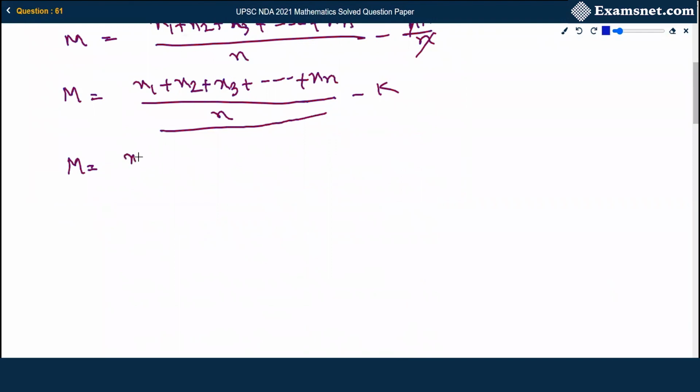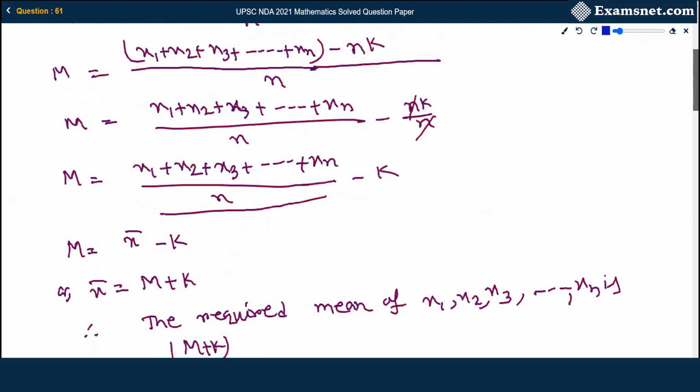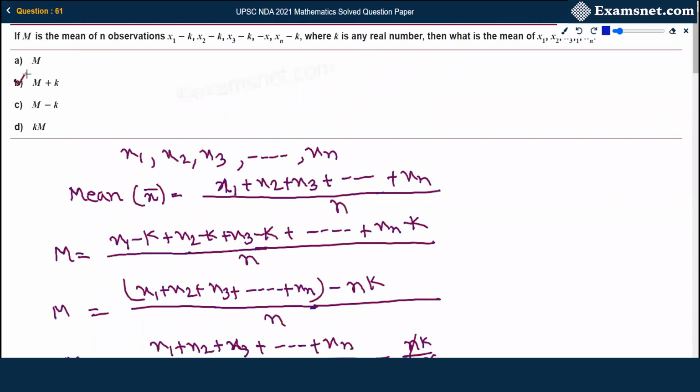So x bar minus k, or x bar equals M plus k. Therefore the required mean of x1, x2, x3, up to xn is M plus k. This is the result. So here option B is the correct one.